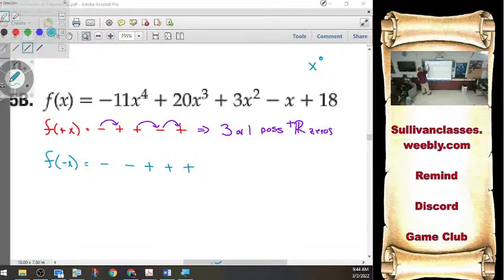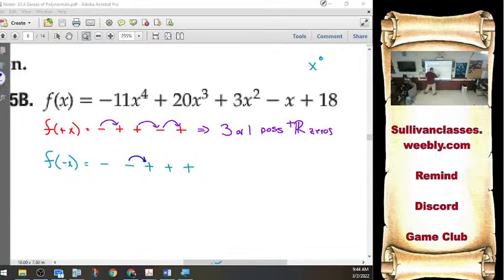This time, I see only one sign change. So I just say there's one possible negative real zero, because I can't, like here, I can say 3 or 1. I can say 4 or 2 or 0, going down in pairs. I can't go down a pair from 1. So it's just one possible.